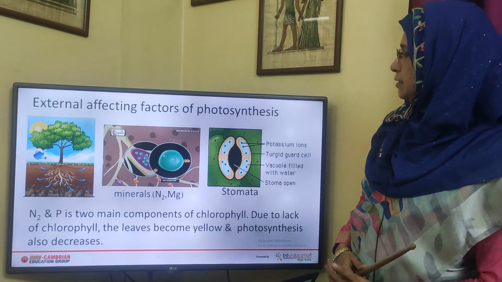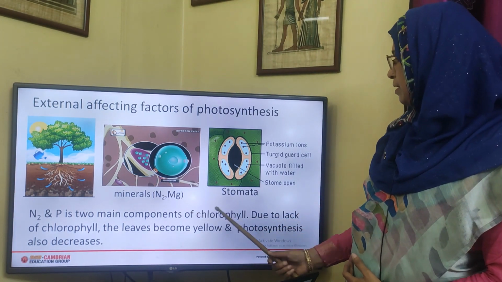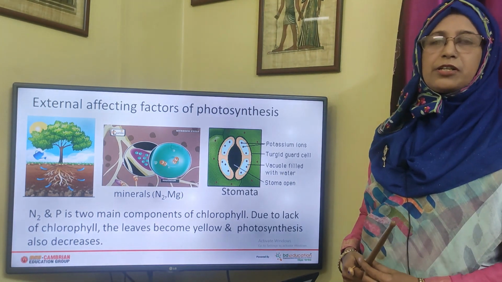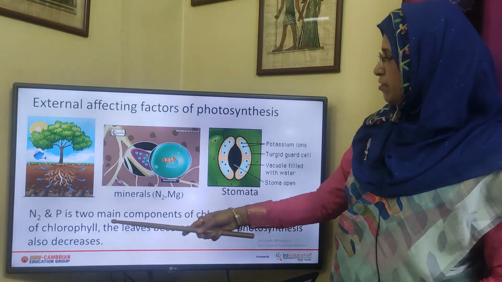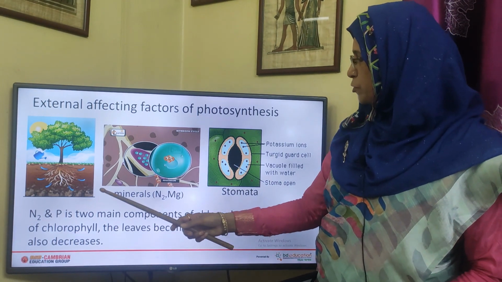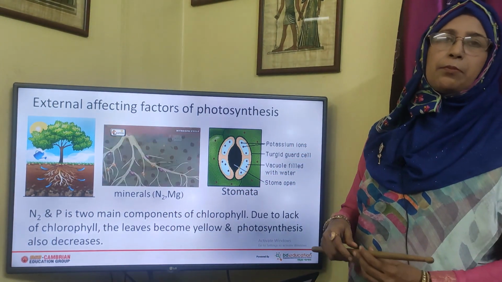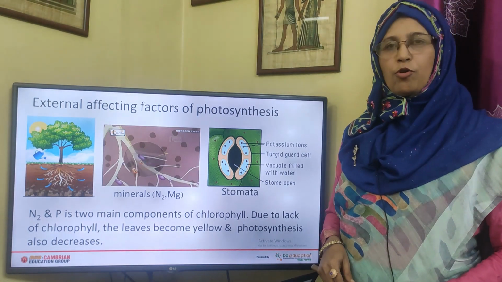Now the minerals. So what are the minerals? That means different types of minerals are essential for photosynthesis. Here are two main minerals, nitrogen and potassium. These two components are the main source of formation of chlorophyll.